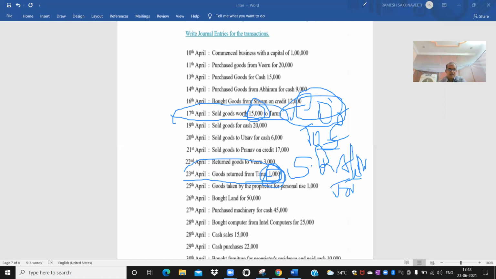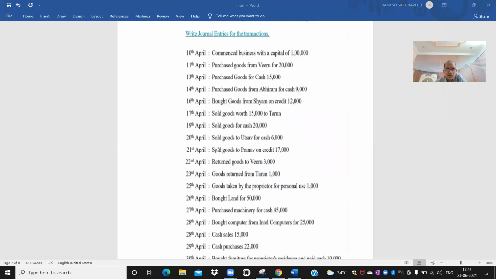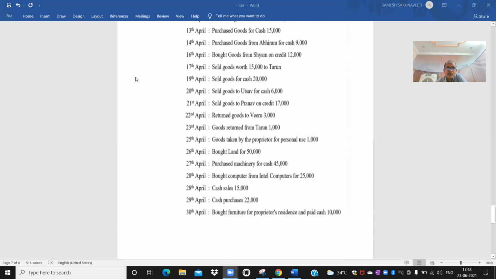Okay. Next one. Note down that. Till now, purchases returns and sales returns had not come. This is the first time that they came. Okay, very good. You understood now? Yes, sir. Now I understood. When you are purchasing, it is purchase account debit to that person's account.